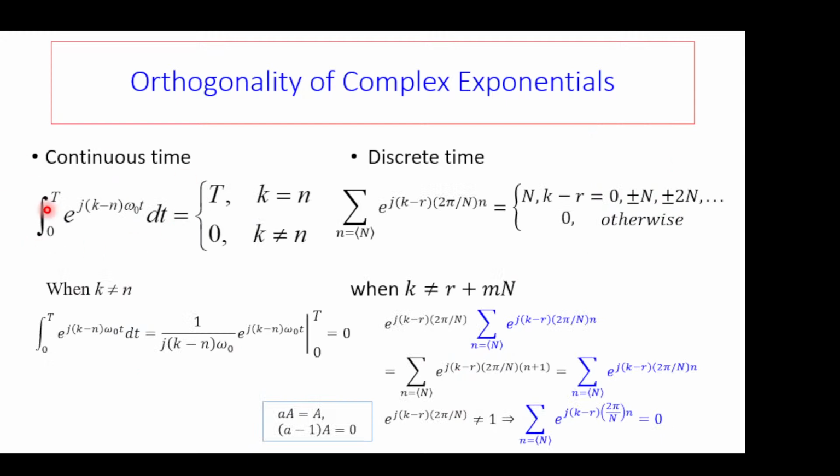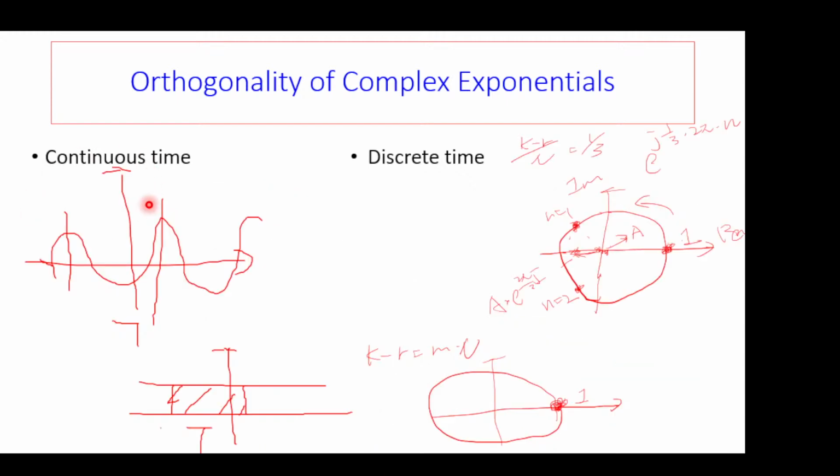There is a similar thing in continuous time, although you can no longer quite see this as a finite dimensional vector. But anyway, you take two functions, multiply them together and take the integral. You can think of this also as an inner product. And this is also 0 unless k equals n.